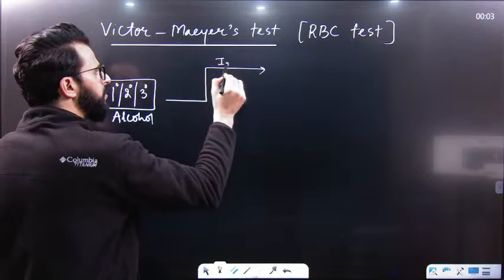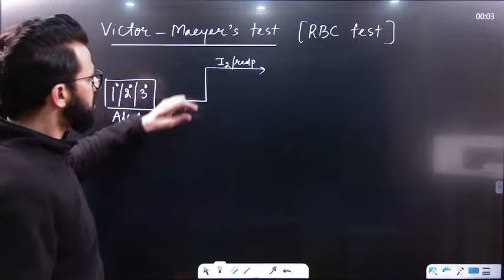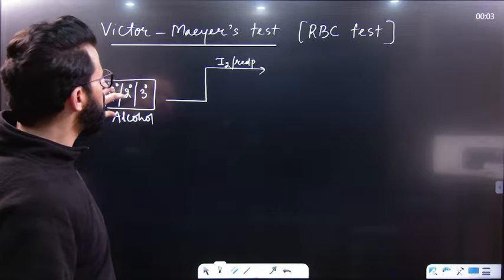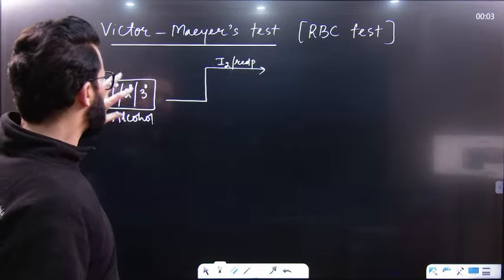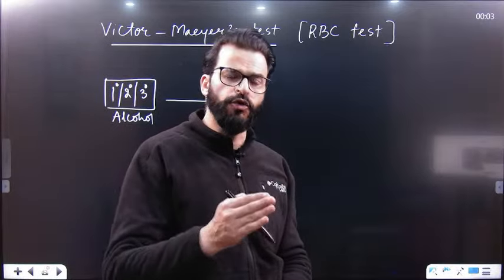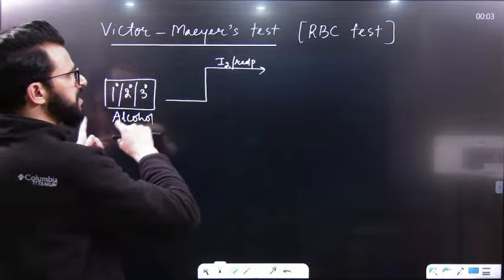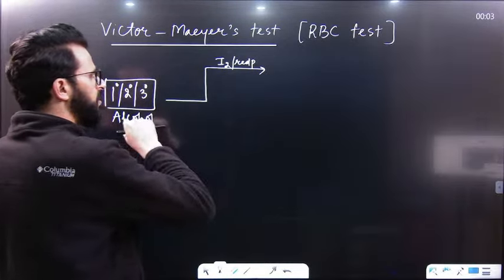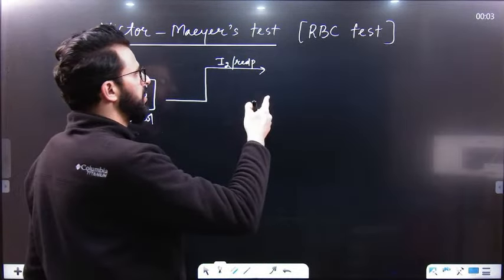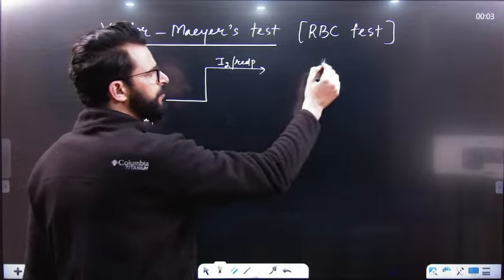either iodine in presence of red phosphorus. How will this iodine in presence of red phosphorus react with alcohol? It will simply replace OH and I will be there. That means when I comes in place of the OH of the alcohol, alkyl iodide will be formed.